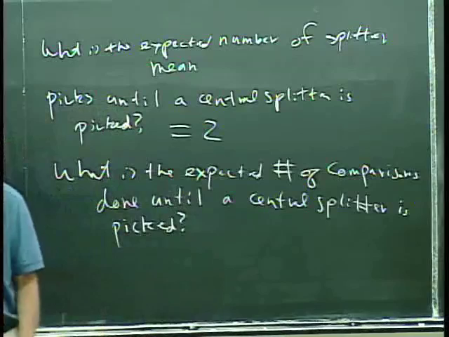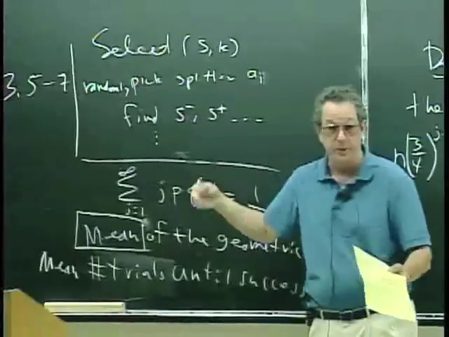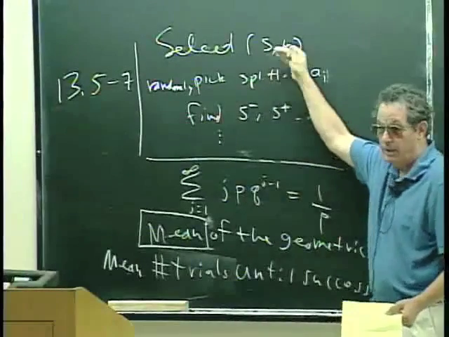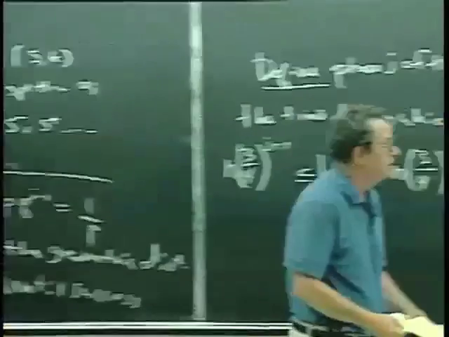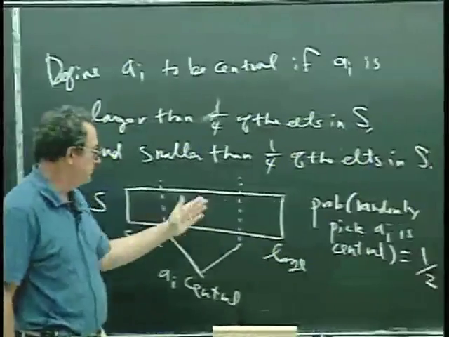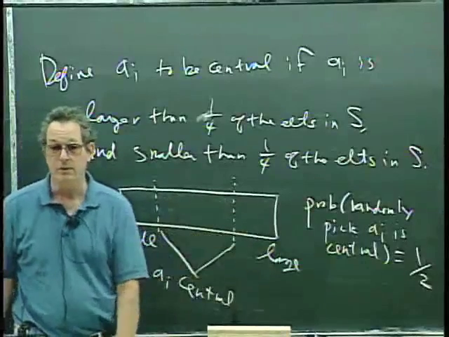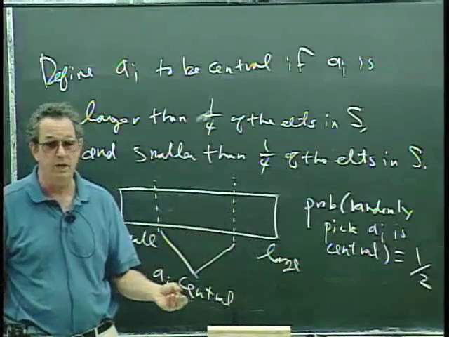So again, in your iteration, you're in a recursive call with some particular set S, not necessarily the original set, but as we go on, this S gets smaller and smaller. You pick a splitter and do some comparisons to find that splitter, and then that splitter is either central or it's not.